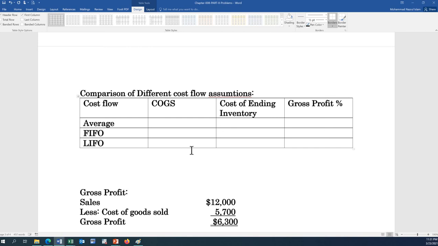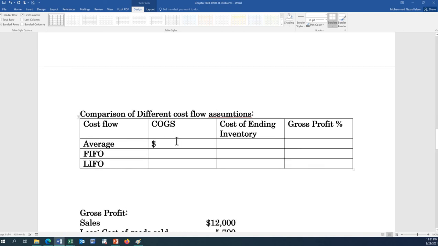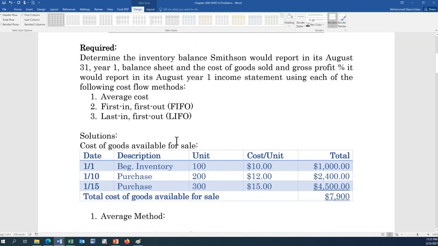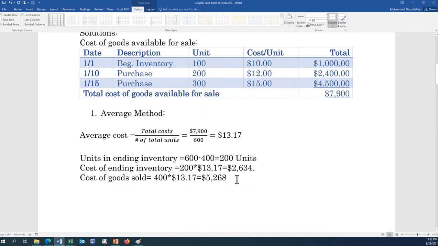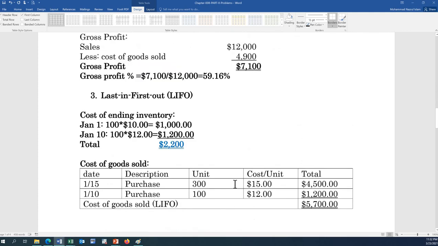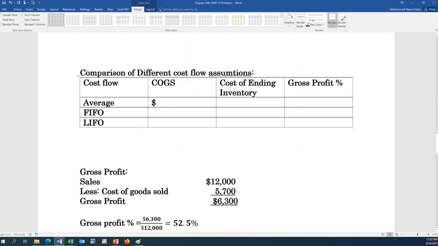Under the average method, the cost of goods sold was 5,268, and cost of ending inventory was 2,634, and gross profit percentage 56.1%.